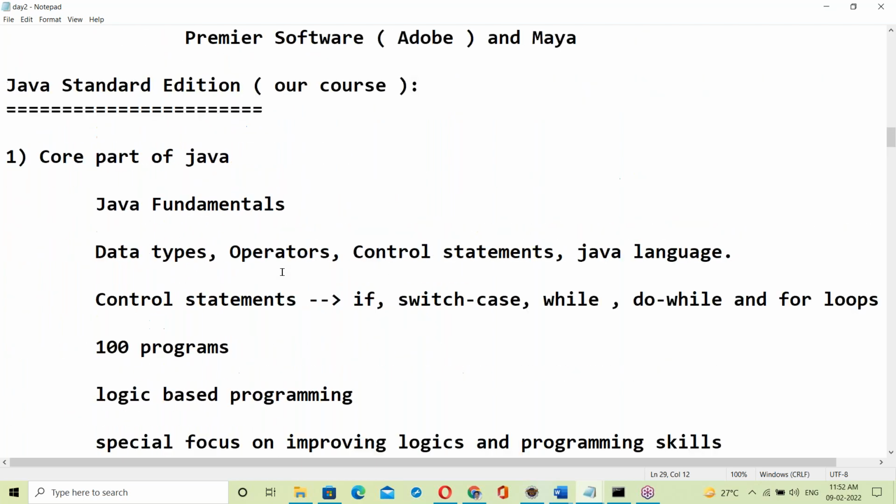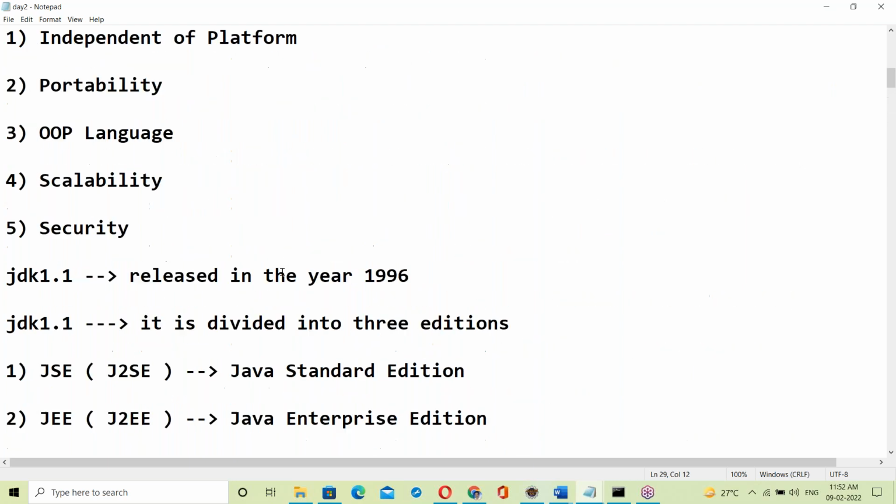Okay. Now let us see about Java features. Today's topic is Java features.